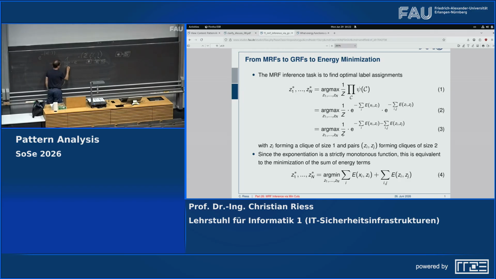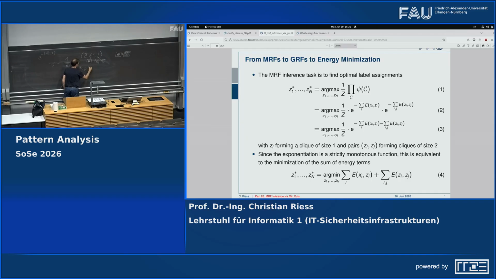So Z is the sum over all labelings: the sum of e to the minus of this image, e to the minus of the other image, and so on.